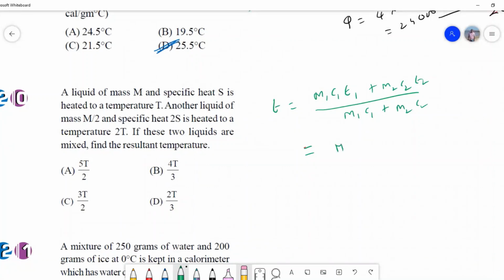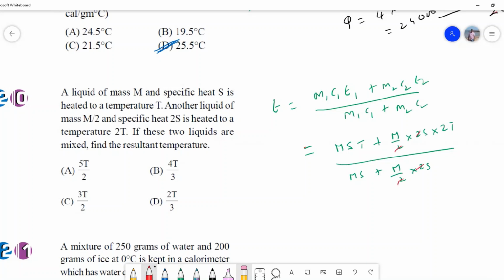M, specific heat S, temperature T, plus for the second one mass is M/2, specific heat 2S, and the temperature is also 2T, whole upon MS plus M/2 into 2S. So clearly these two cancel.